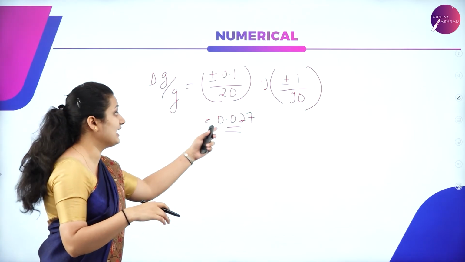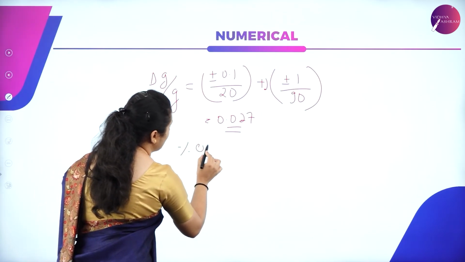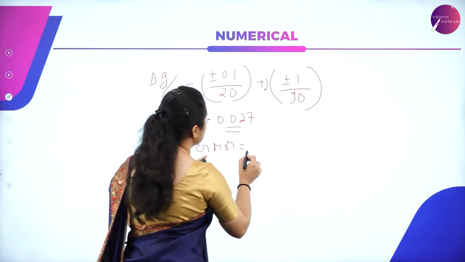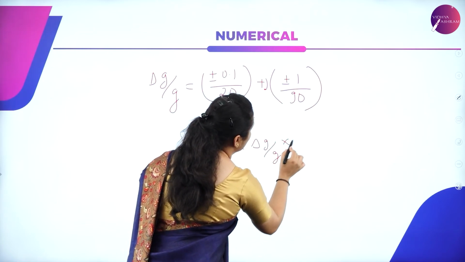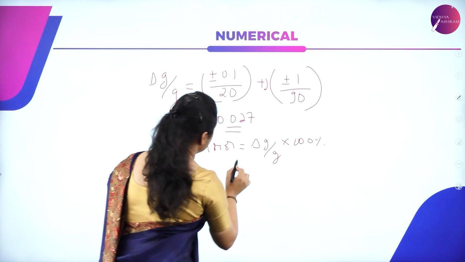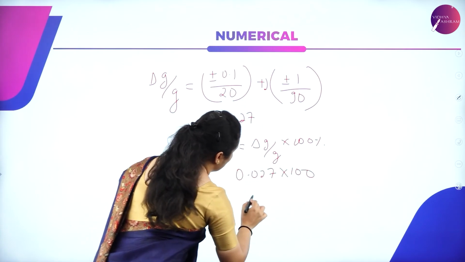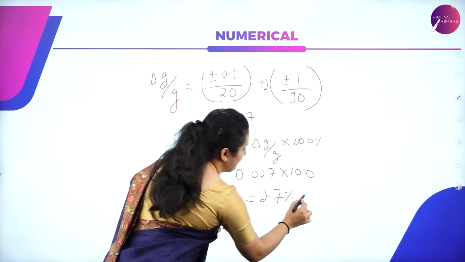Now, you got the relative error. How will you calculate percentage error? If you want to calculate percentage error, it is relative error into 100%. That is 0.027 into 100, which will give you 2.7%.